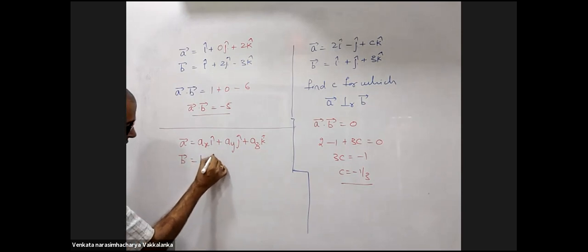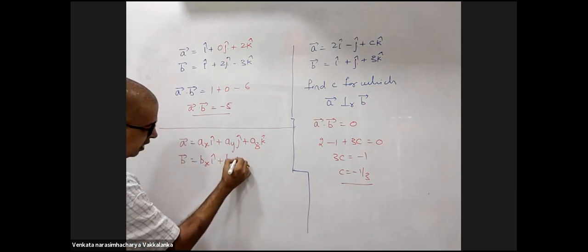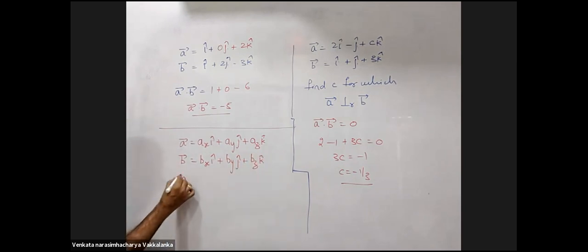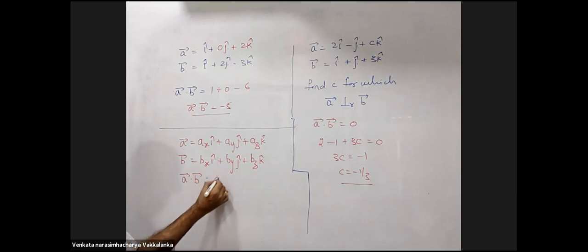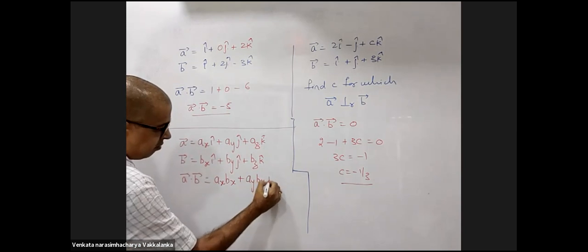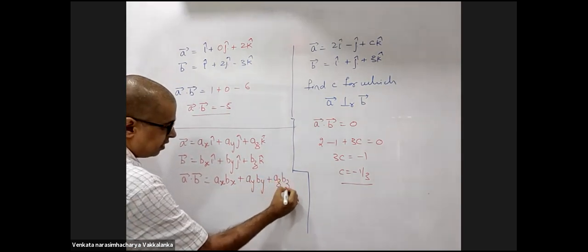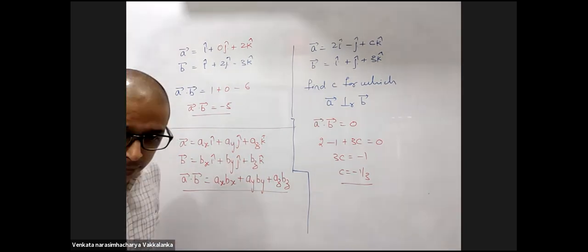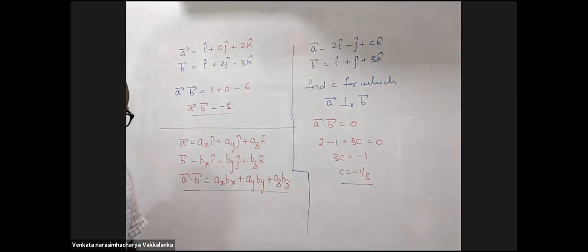B is BX I cap plus BY J cap plus BZ K cap. A dot B is AX BX plus AY BY plus AZ BZ. The dot product of two vectors represented in position coordinates is done this way. Multiply the coefficients of I, multiply the coefficients of J, multiply the coefficients of K.